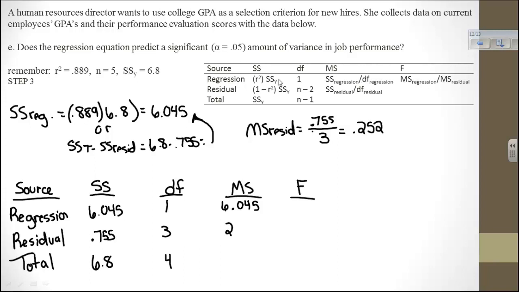So record that here. And then F, your mean squares regression divided by your mean squares residual, 6.045 divided by 0.252. Oh, no, wait, it is 0.252. What am I doing?